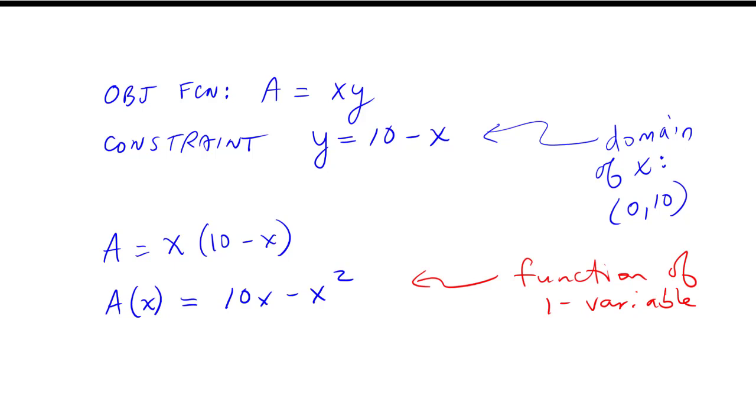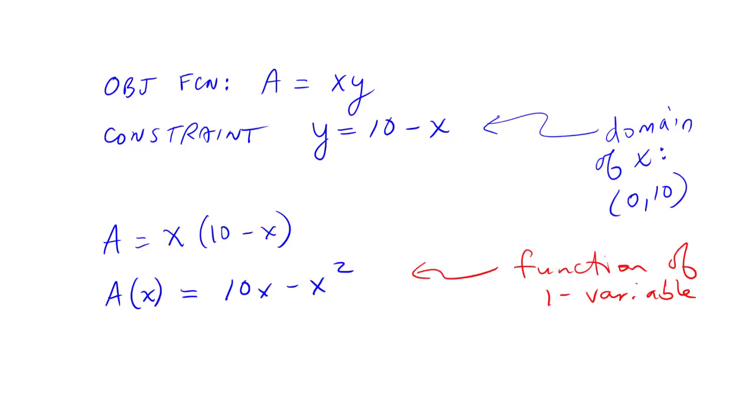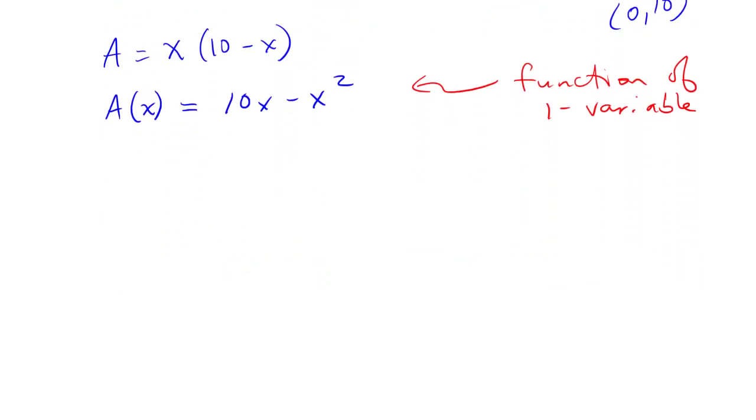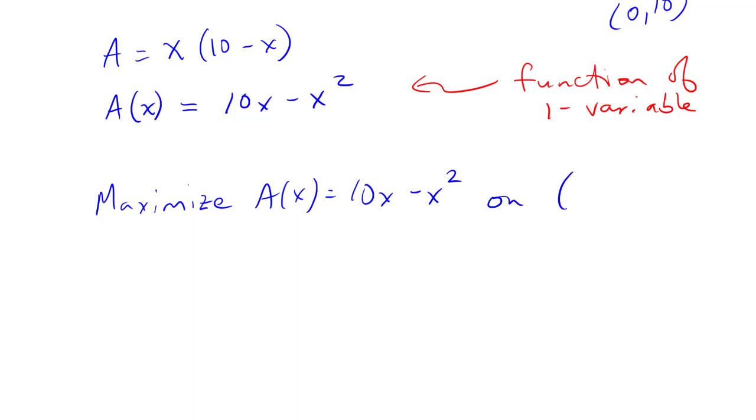In fact, now is when I'm able to actually convert this into the problem of maximize A(x) equals 10x minus x squared on (0, 10). So I just want to find the maximum value of this area on this interval. And I know I can do that by all the max-min techniques that I've looked at before.